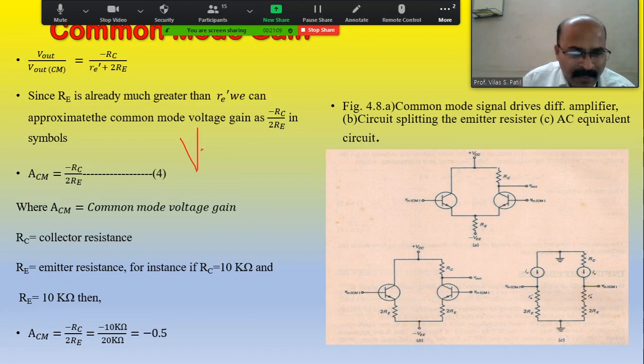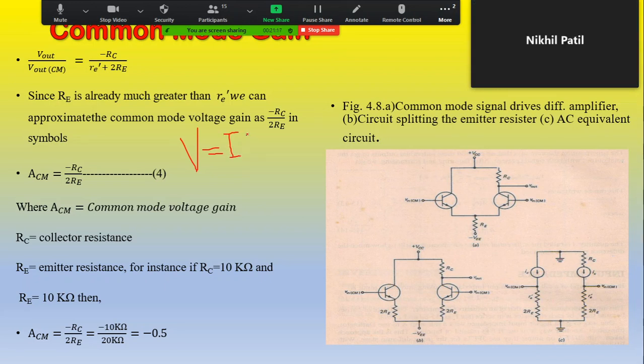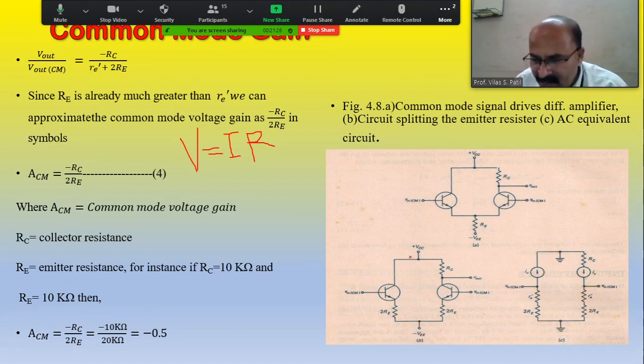Just apply V is equal to IR, that is voltage VCM.